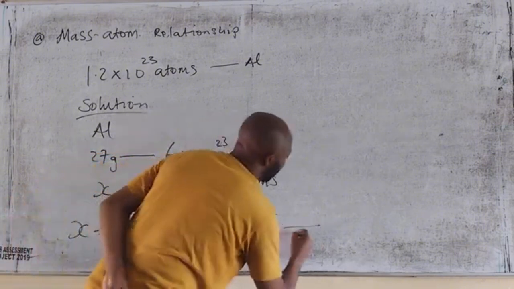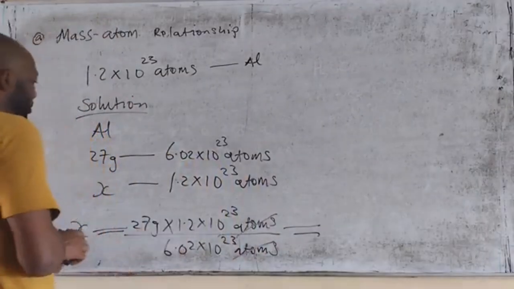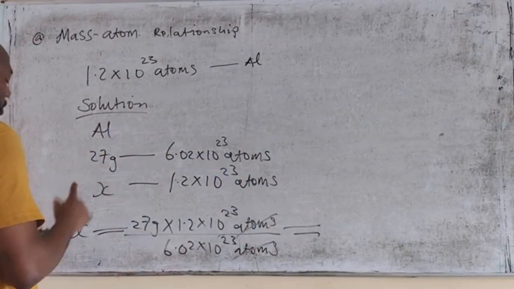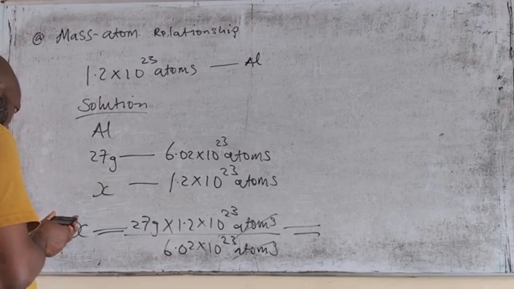Atoms will go, I'll be left with 27 times 1.2 times 10 raised to the power of 23, divided by 6.02 times 10 raised to the power of 23.